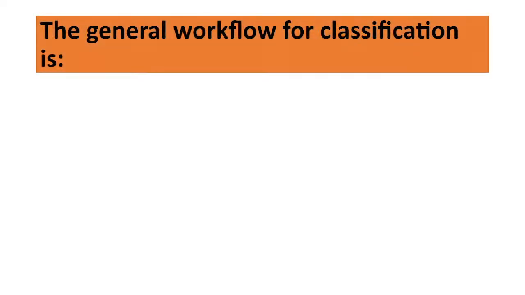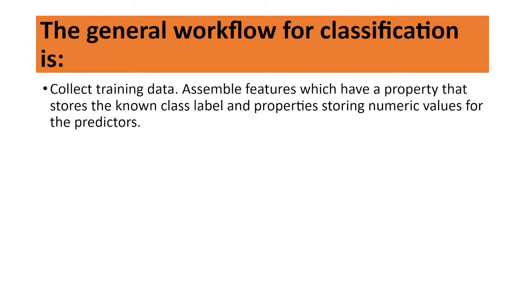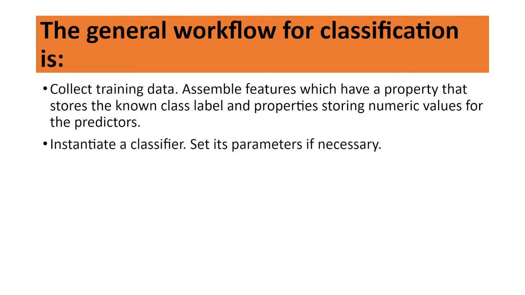So now you can see, first of all, the general workflow for classification. When you want to do classification, this is the general workflow. First of all, it is supervised, so you must always collect the training data. After that, we need to take a classifier.